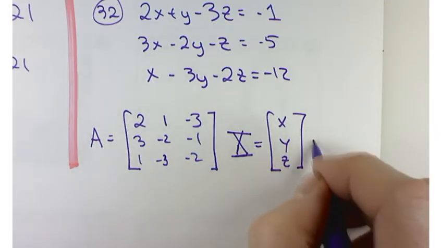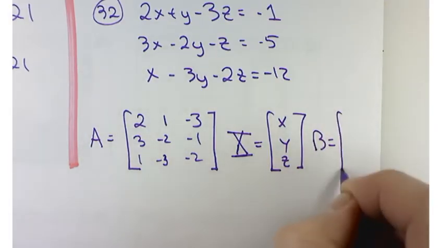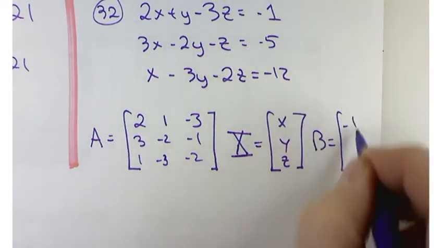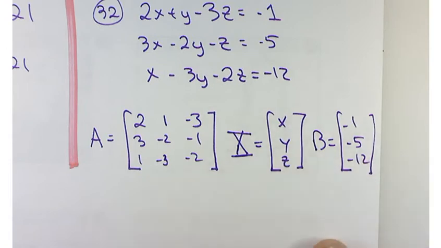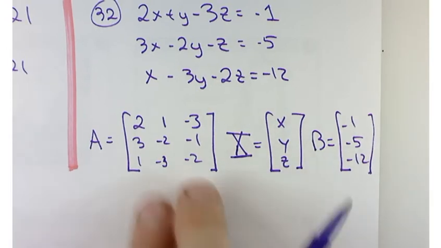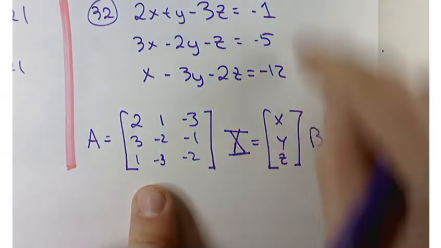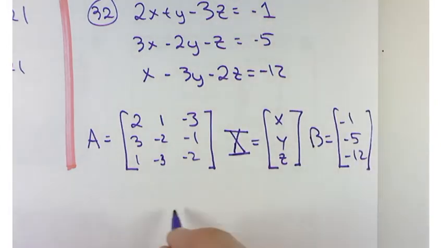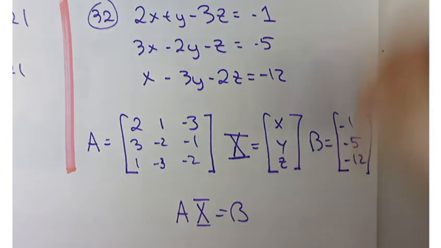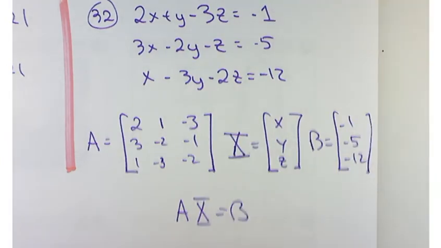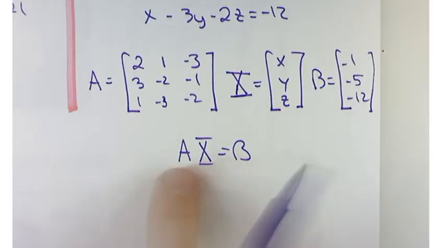And then matrix B is going to be this right-hand side, negative 1, negative 5, and negative 12. With this, I can rewrite this system of equations like this. AX equals B. So this is equivalent to this. They're interchangeable. The nice thing is that this is getting closer to something your calculator can work with.